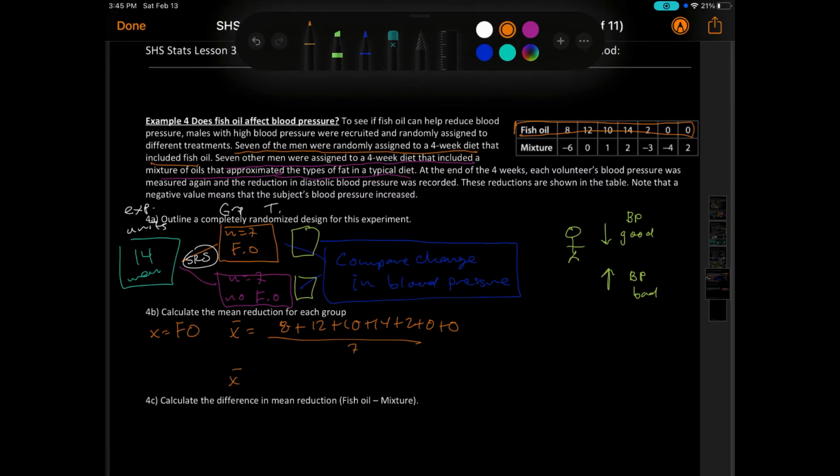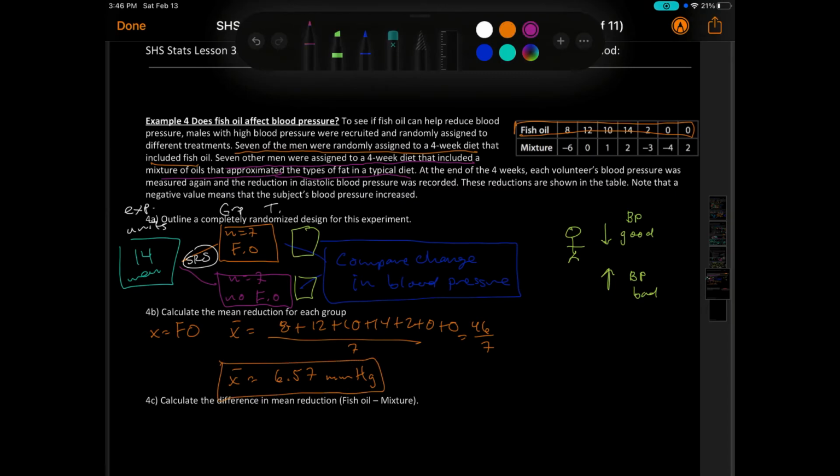So the average for the fish oil group is 46 over 7, which gives me 6.57. And the units, they don't have for you, but I'll just put in millimeters of mercury.